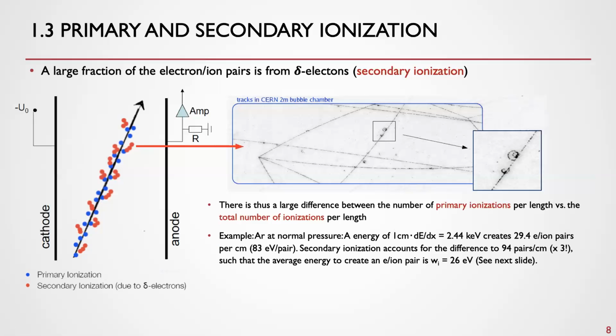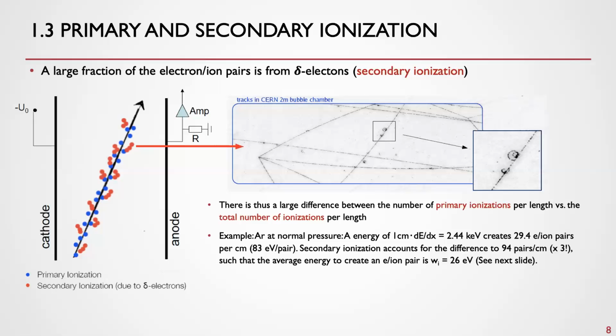Let's talk about the total ionization yield, because obviously not only primary but also secondary ionization will contribute to the total ionization yield in the gas detector. I put an example here. We have many more examples on the following and on the next slide. Argon is a frequently used gas under normal pressure. For a gas volume of 1 centimeter, the dE/dx is 2.44 kiloelectron volts.